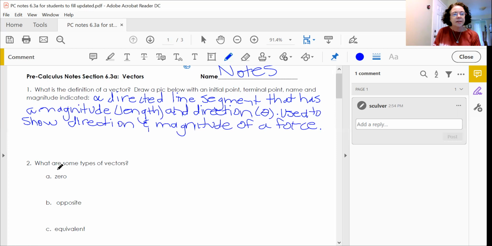And so here is a picture of what could be a vector. My first point I drew here could be an initial point, and we will call that point P, and we will put initial point.